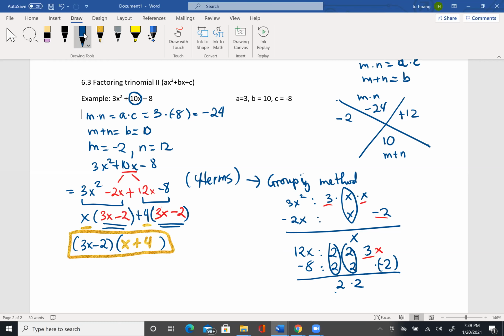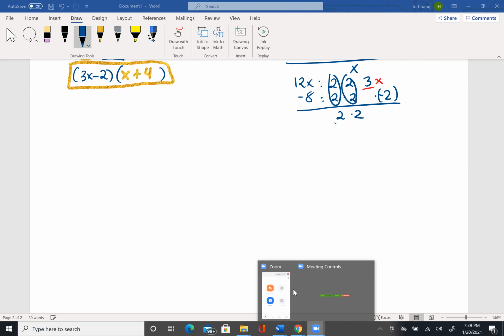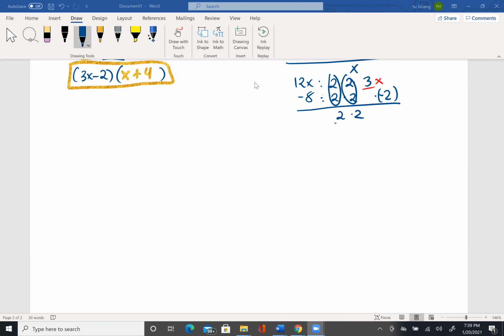Let me go down here. I'm going to move to 6.4. 6.4 talks about special types of factoring.